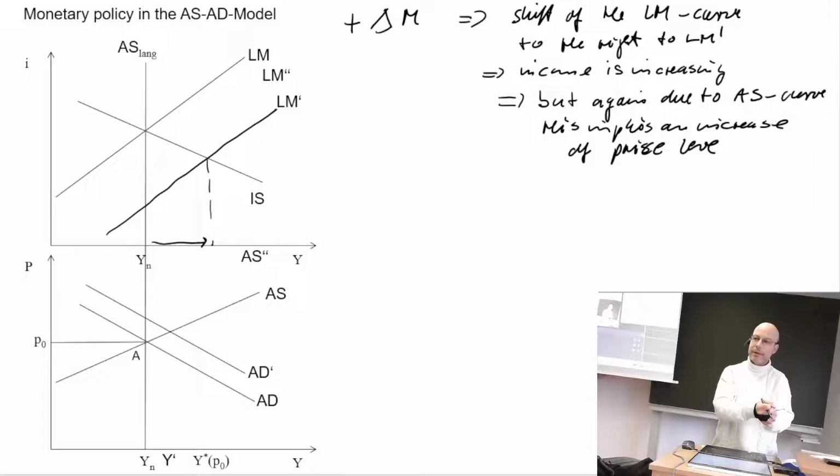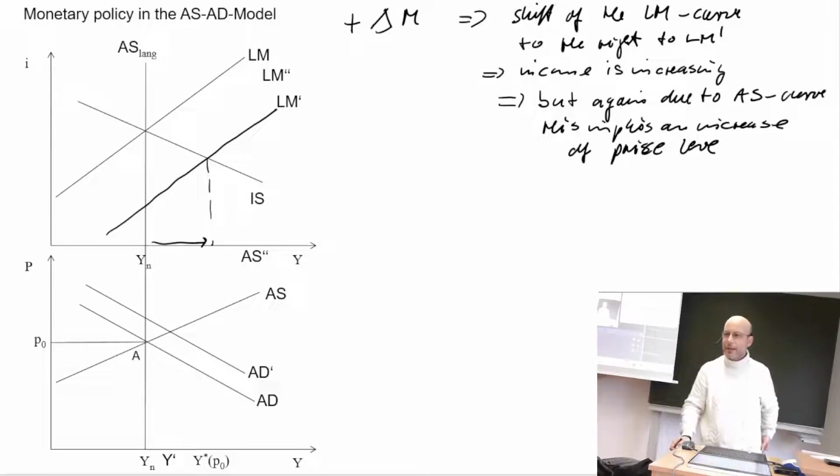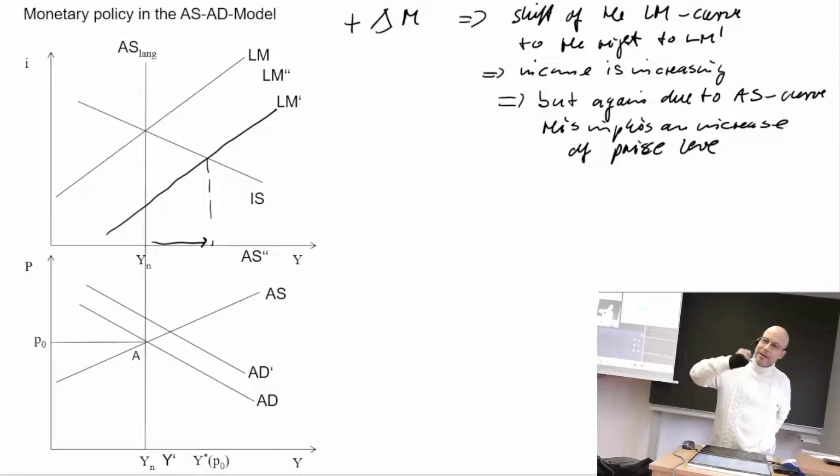Prices are also entering the demand side of our model in which market? In the ISLM model, where do we find these variable prices? Yes, below there. And so if we now have a higher price level, this means that the real amount of money is decreasing, M over P. And what does this trigger? Which curve is now shifting?